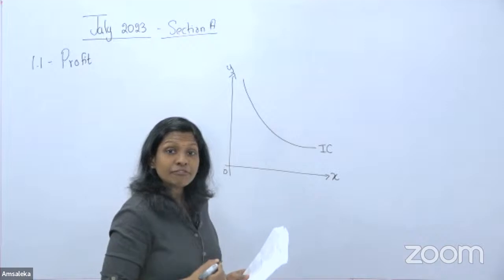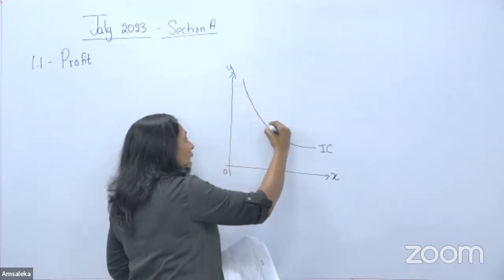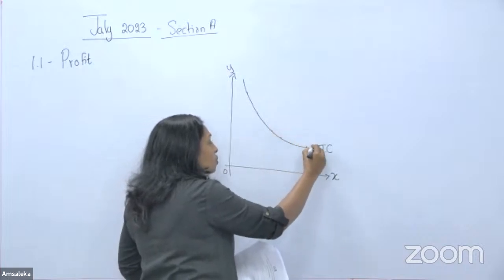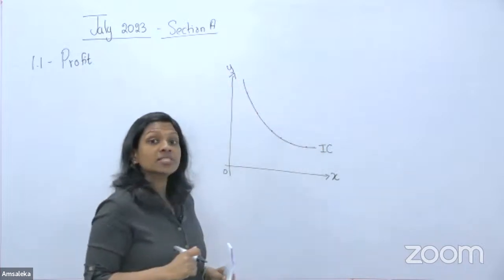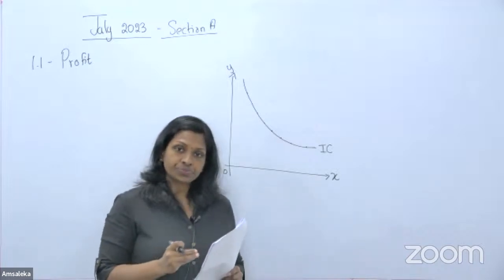If we draw the indifference curve, whatever point is chosen, each and every point along the indifference curve gives the same satisfaction.